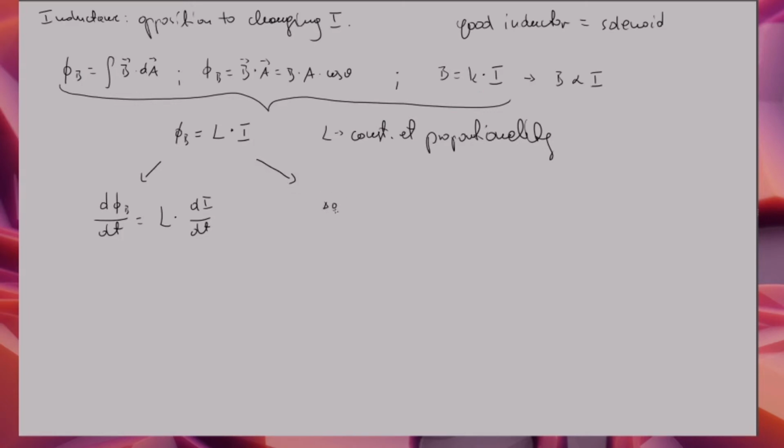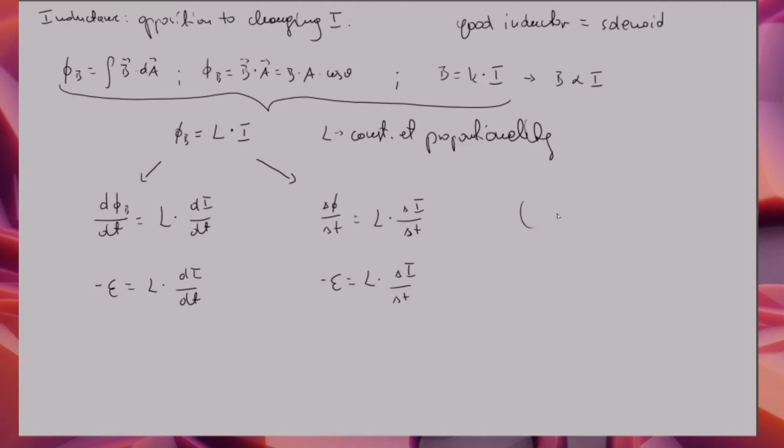You could rewrite this as the change of the flux with respect to time equals L times the change of the current with respect to time, so delta I over delta t. And remember that this here, and similarly this here, is just going to be the EMF. So what I get here, by Faraday's law, is minus EMF equals L times delta I over time. Here, this is EMF equals L times dI dt.